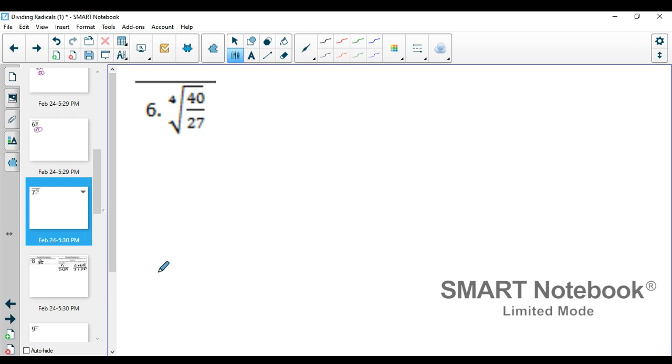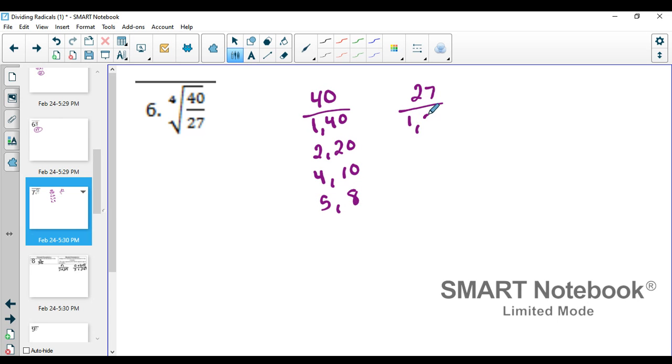All right, so now we have the fourth root of 40 over 27. And this one, 40 divided by 27, doesn't divide into a whole number. And then if you go through and look at the factors of those two numbers, so 40, we have 1 and 40, 2 and 20, 4 and 10, 5 and 8, and then for 27, we have 1 and 27, and 3 and 9.